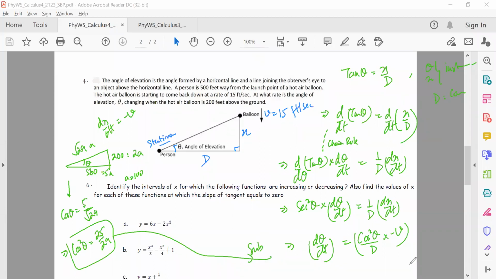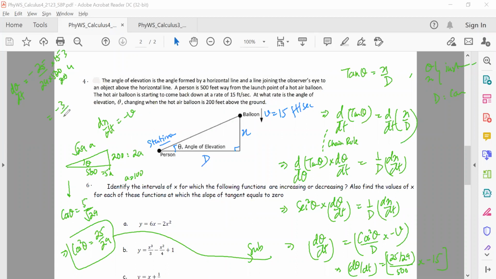So at the given instant, our d theta by dt will become 25 by 29, that's cos square theta, divided by d, which is 500, into minus of v, that is minus 15. So this will become our answer. So this will give us minus of 25 by 29 into 500 into 15. So 25 will go 20 times here, so this will become 3 by 4. So d theta by dt will become minus 3 by 4 into 29.